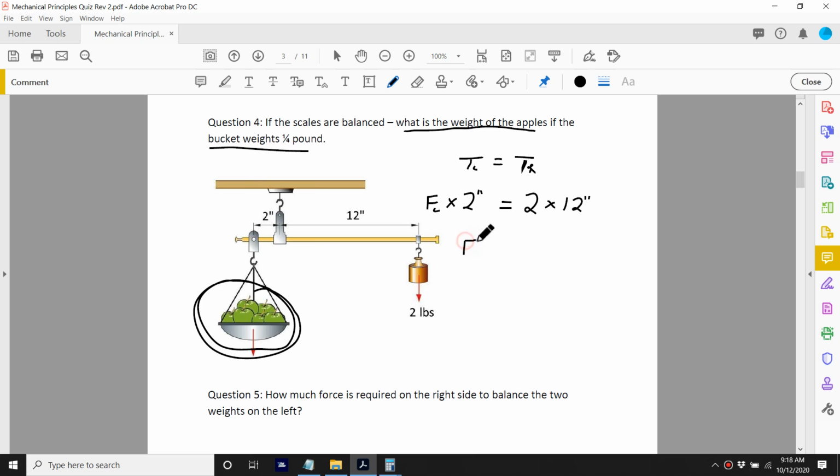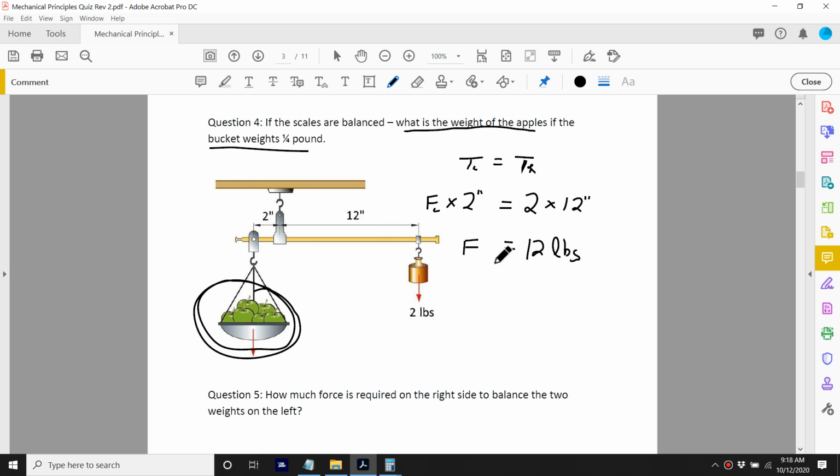So F L is equal to 24 divided by 2, which is equal to 12 pounds. The total weight of the apples and the bucket is 12 pounds.